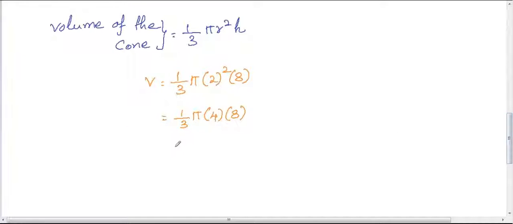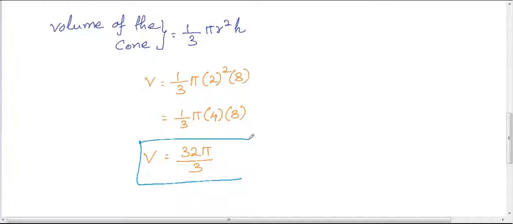So the volume of the cone is 32 pi divided by 3 centimeter cube.